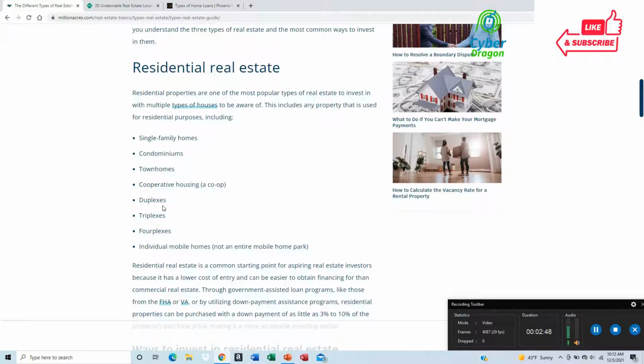Triplex is like a three-level tier, 3 floors. Four is like 4 apartments or more. It's like one apartment building that has about 5, 7 floors. And mobile homes. Mobile homes are houses you can pack on a car and travel to mobile destinations that have a community.